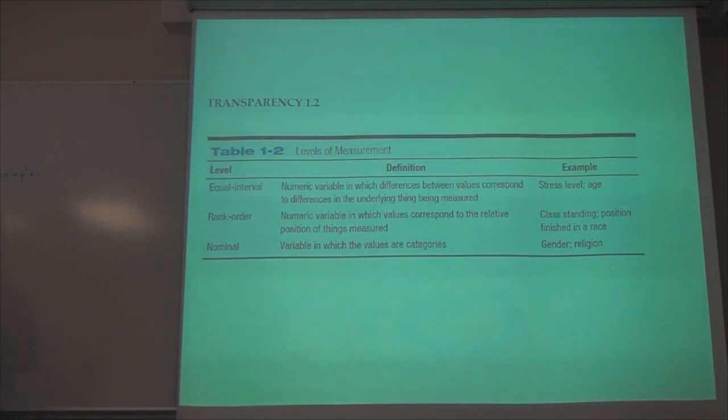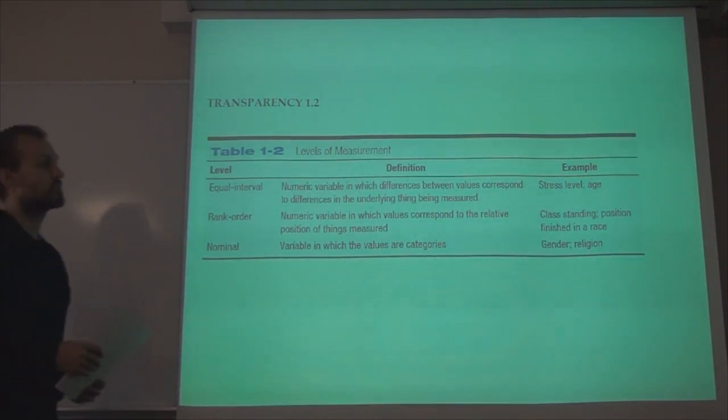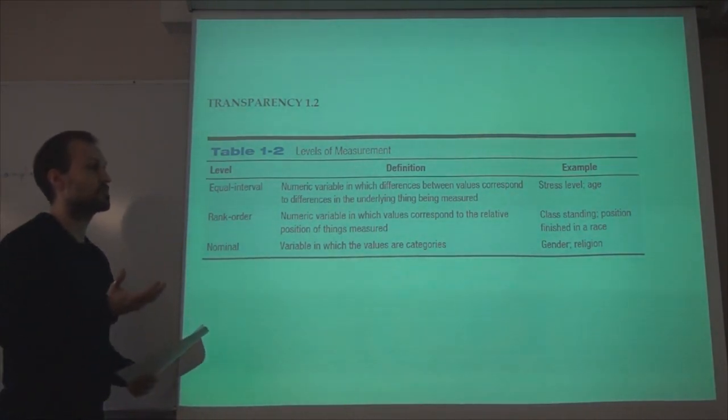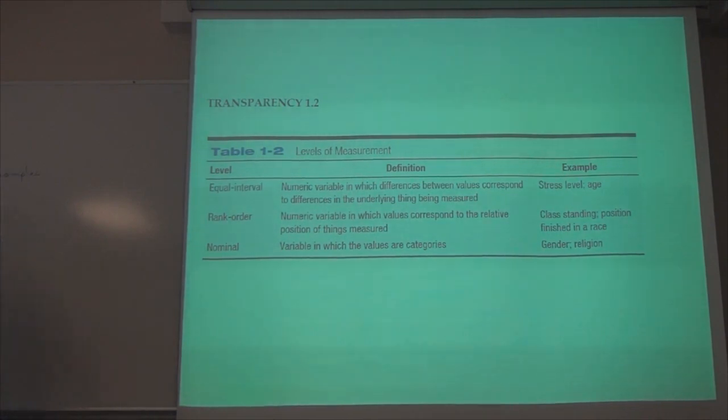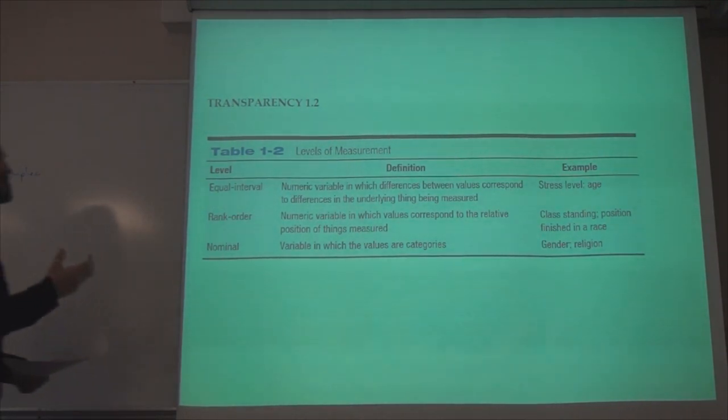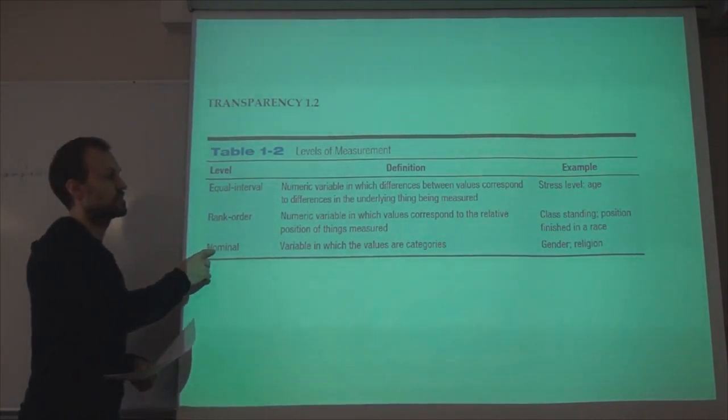Then I have the other side of the numbers, where I just have categories. I survey gender or religion or many other things where the values fall in different categories, and it's not a number. Male or female, it's not a number. So we'll call that a nominal variable or a categorical variable, where the values are different. They're not numbers.